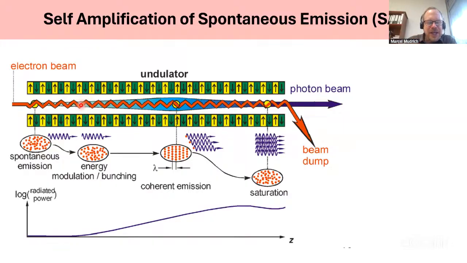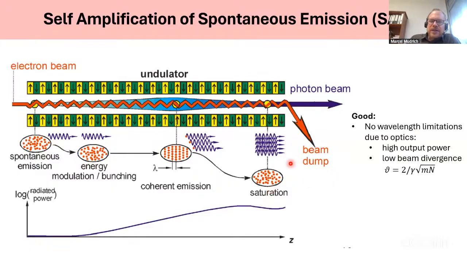As the microbunching sets in, the electrons start emitting in phase in this coherent fashion. Here, what is shown on the bottom is the radiated power, but the logarithm of it. So a linear increase actually means an exponential increase of radiated power along this long undulator until saturation sets in, and then the electrons would also move out of phase again, and the gain stops.